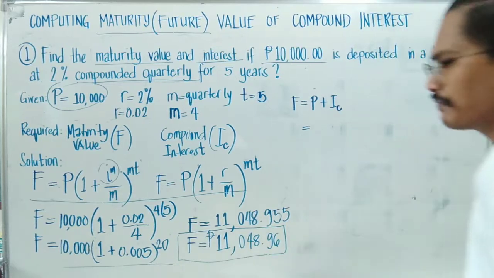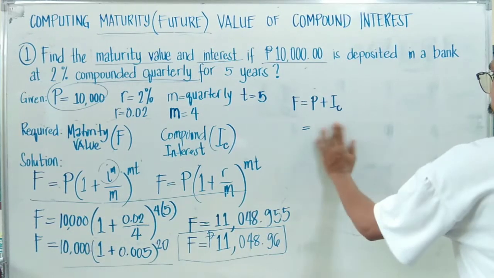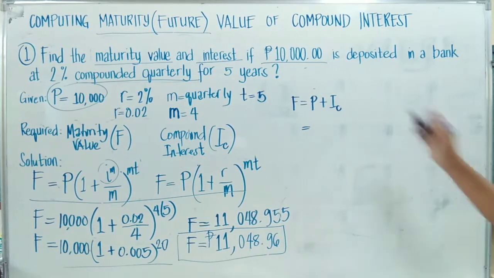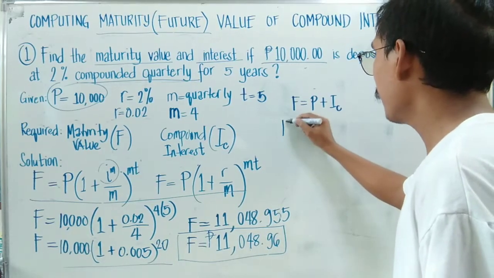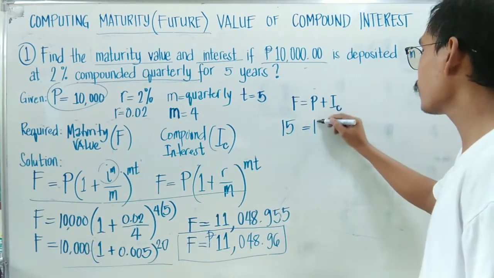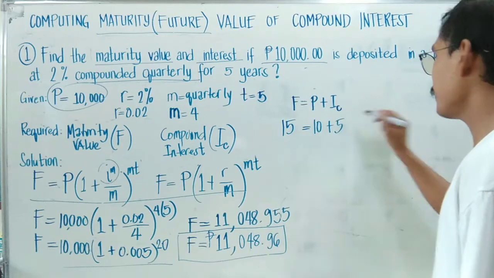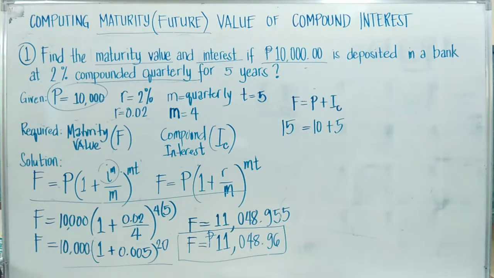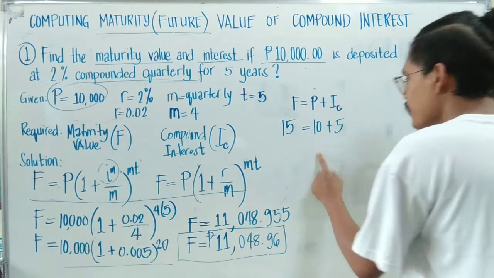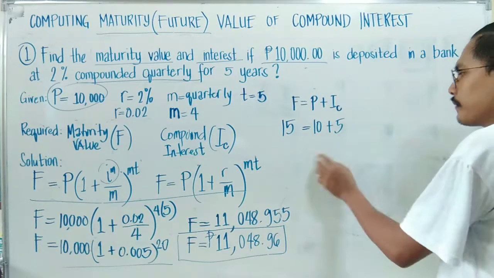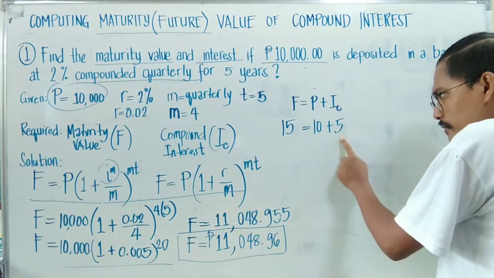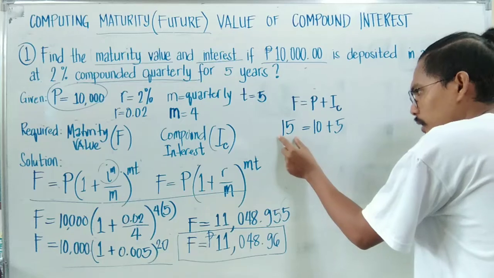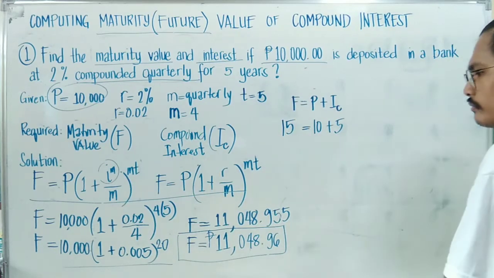So the very basic form of understanding this one is state 15 is equal to 10 plus 5. Example, you are investing 10 pesos and the 10 pesos earned 5 pesos. Of course, the total money you will have is 15.